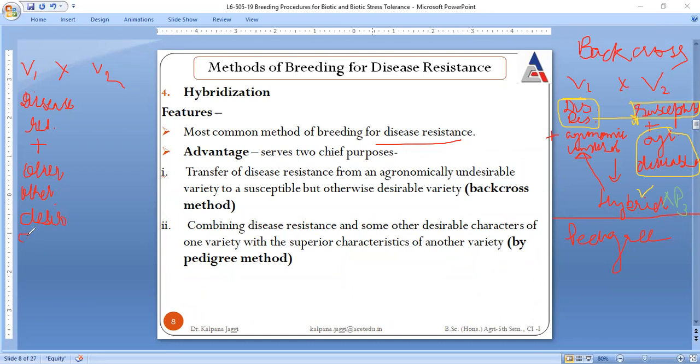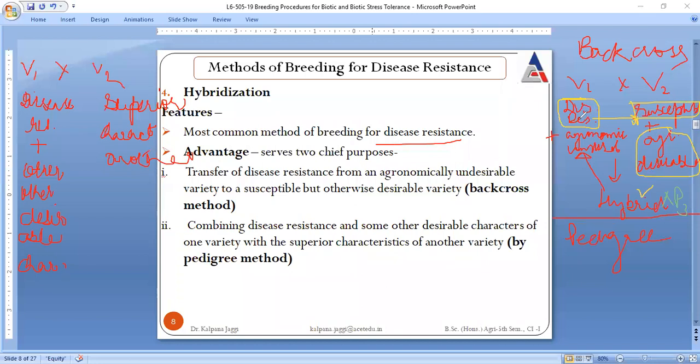We have combined here a disease resistant variety and some other desirable characters of one variety, but the other variety that is selected has superior characteristics.